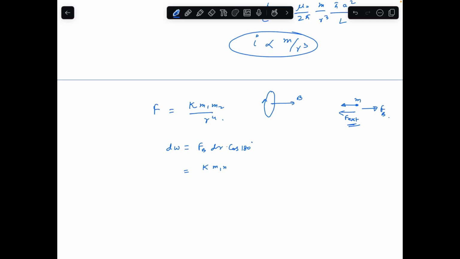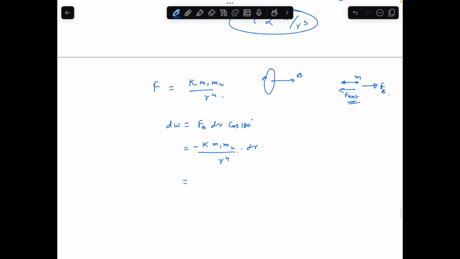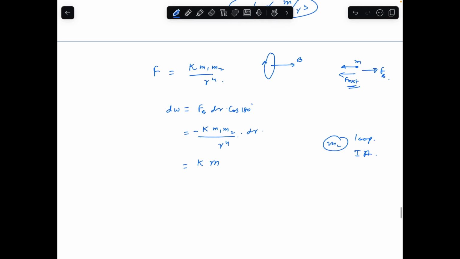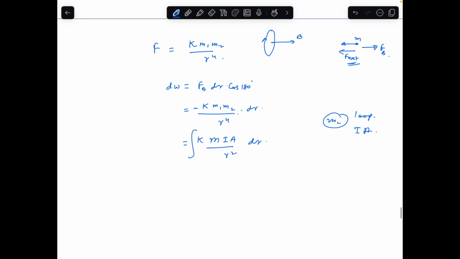K m1 m2 divided by r to the power 4 dr, cos 180 is minus 1. K, m1 is m. What is m2? Magnetic moment of the loop. I into area, correct? I into area divided by r to the power 4 dr.